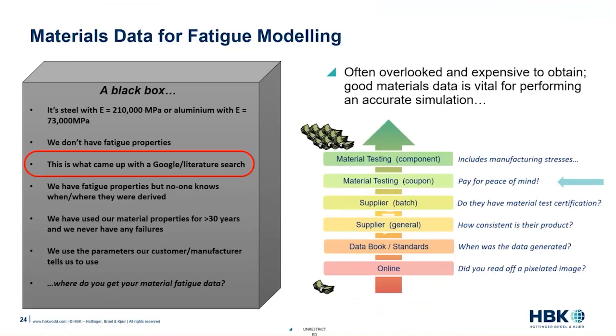Depending on where you get your materials data, it can be low cost or free. You might be looking those up as a literature search or in Google or in books. Is the information from a data book or standards? Has it come from a supplier in terms of a general supply or specific batch supply?